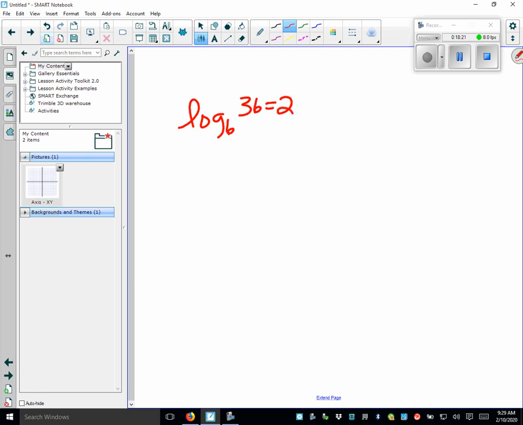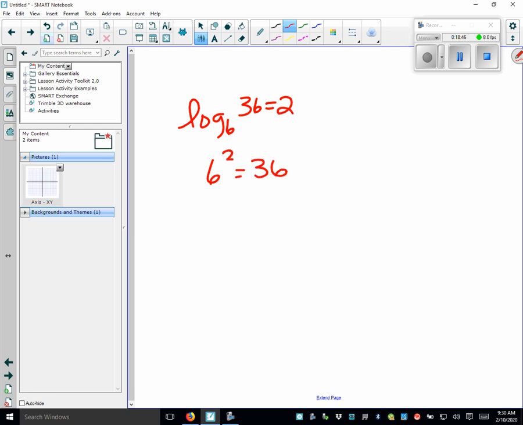Log base 6 of 36 equals 2. Change to exponential form. So it's what? 36 squared equals 6? No. 6 squared equals 36.